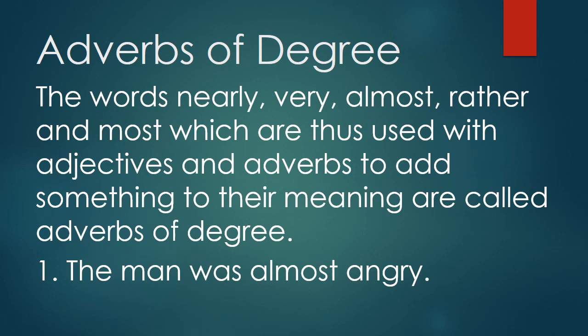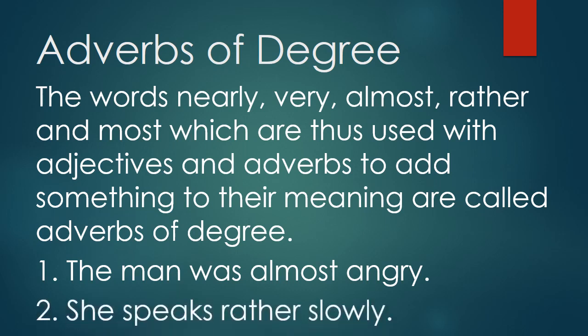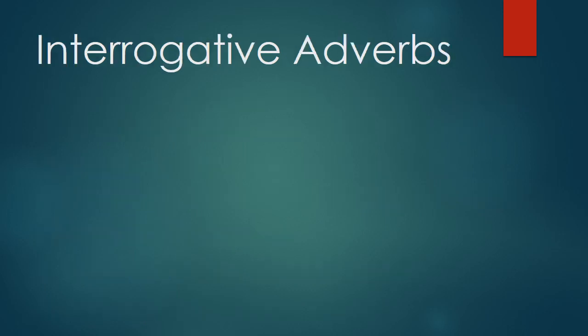This is the degree of anger the man was. She speaks rather slowly. So, adverbs of degree show the degree. Nearly, very, almost, rather, and most are used with adjectives and they add something to the meaning. So, these are called adverbs of degree.